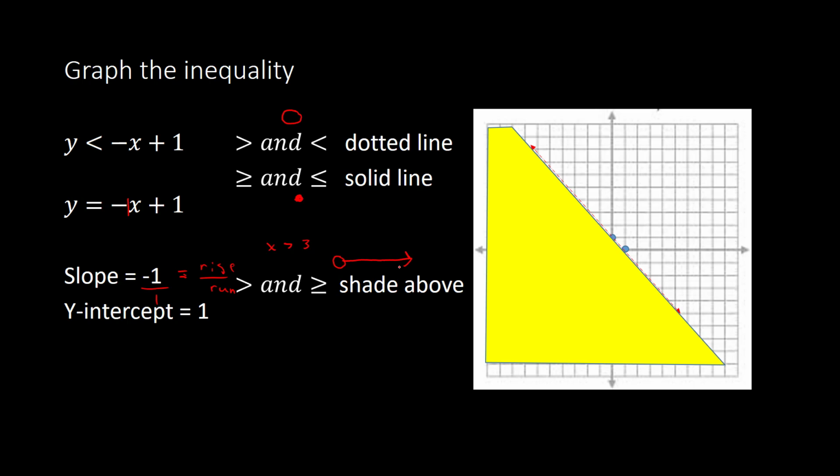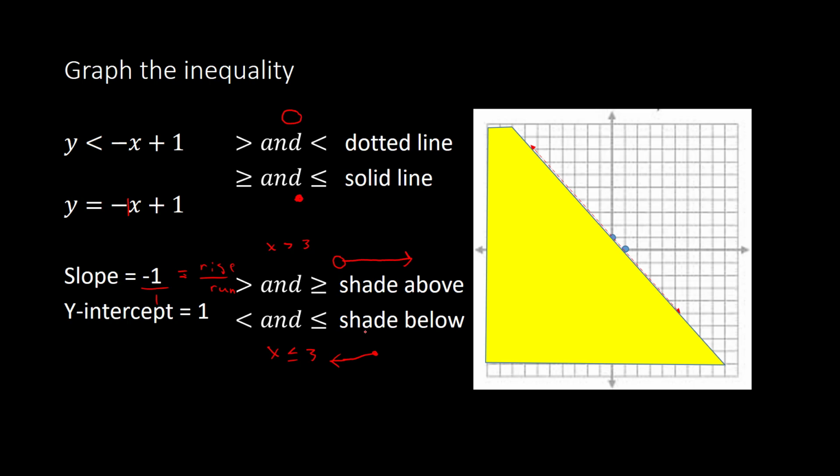Well, the shading into the right is analogous to shading above for the greater than. And then if it's less than or equal to, then you would shade below, like we see in this example. And that's analogous to shading into the left with one variable. If you had just x is less than or equal to 3, then it would be a closed circle shaded to the left.